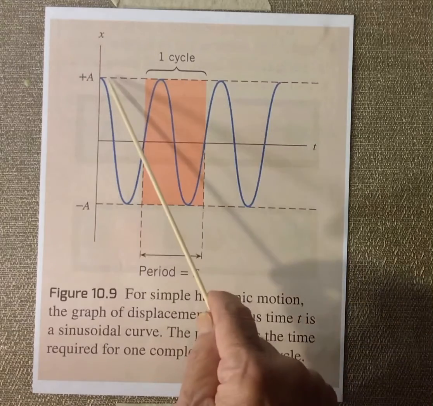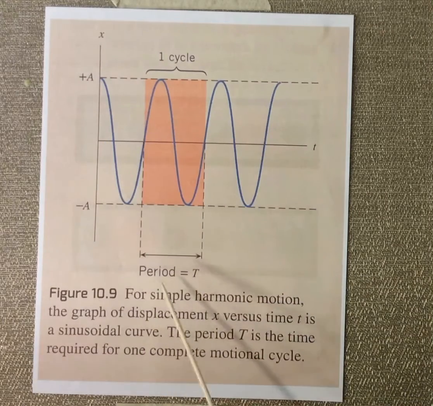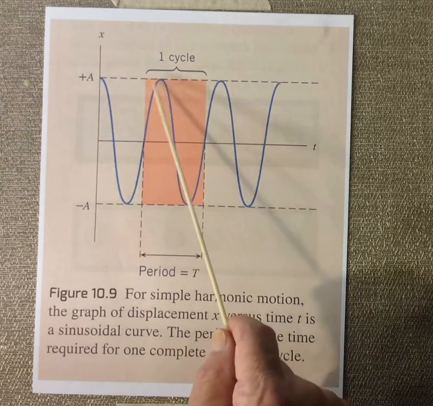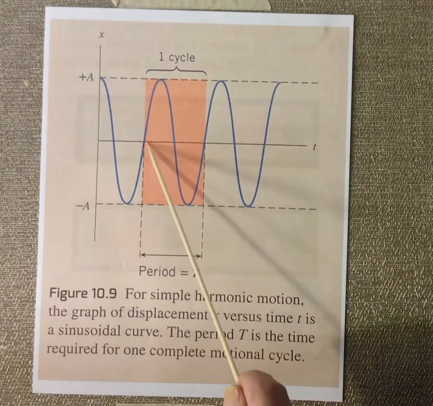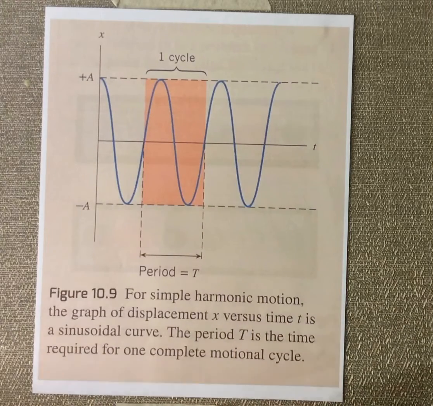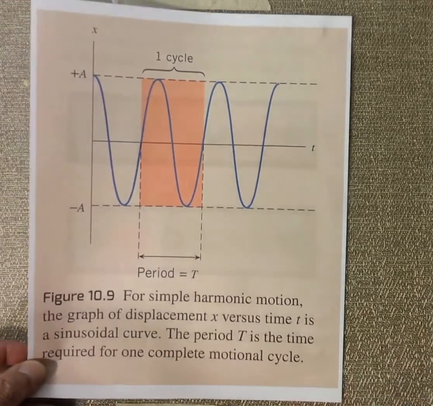And here is the amplitude, which is going up is positive, going down is negative. T is the period, and this is from one cycle. From here all the way goes like this, top, coming back. This is one cycle. And the period T is the time for one complete motional cycle.